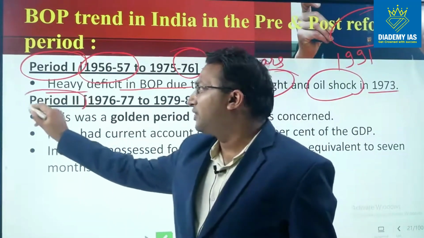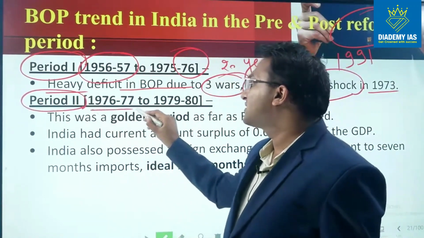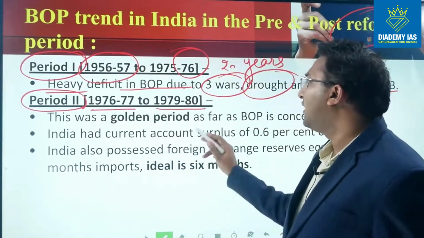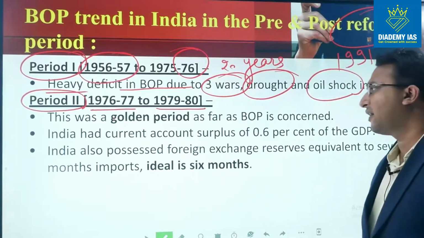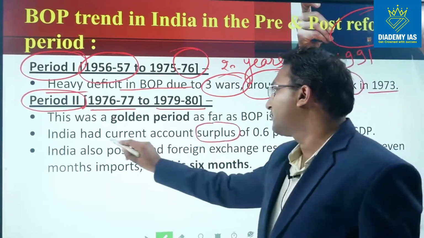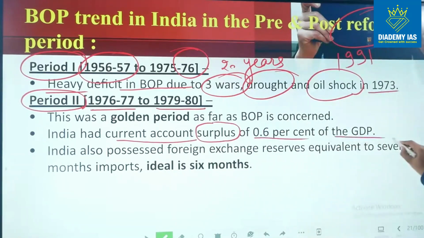Then in the next period, that is the period 2, which started from 1976 and continued till 1980, this was a golden period as far as BOP is concerned. India had current account surplus, right? So there was a current account surplus of 0.6% of GDP.